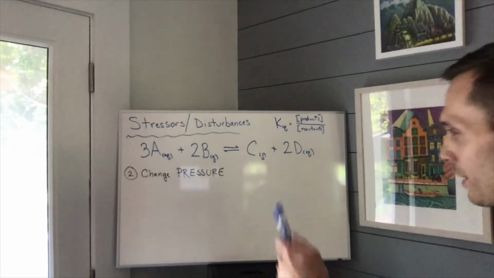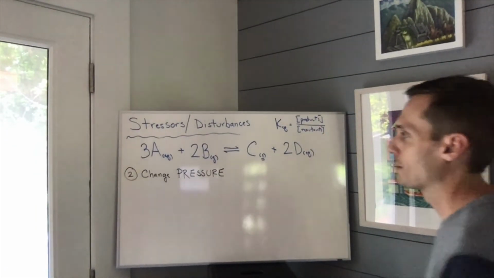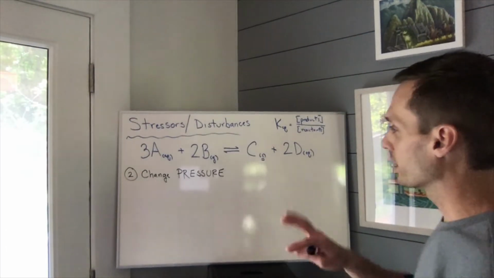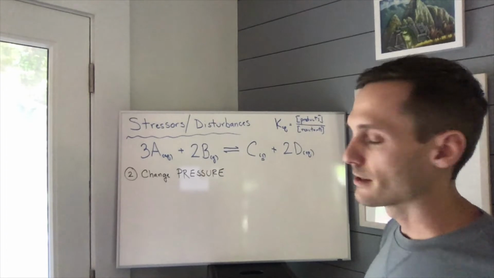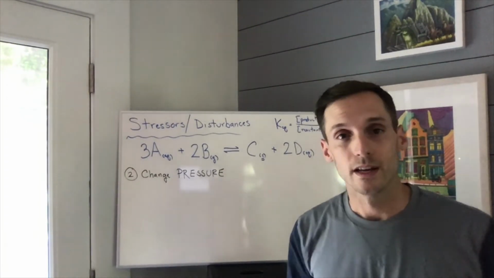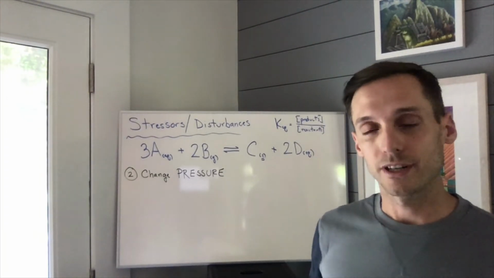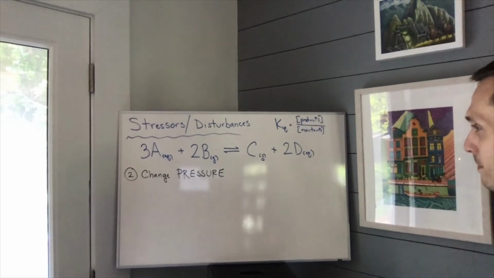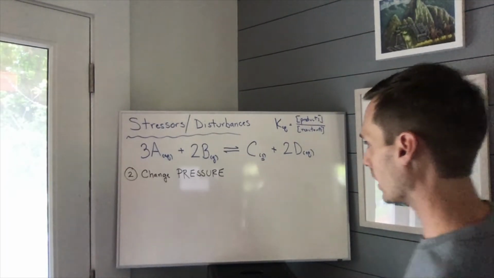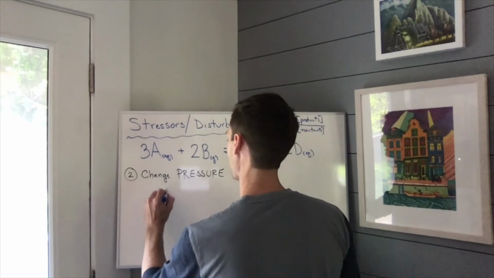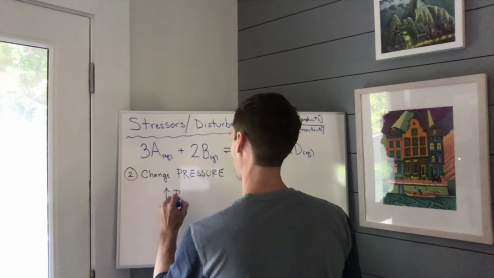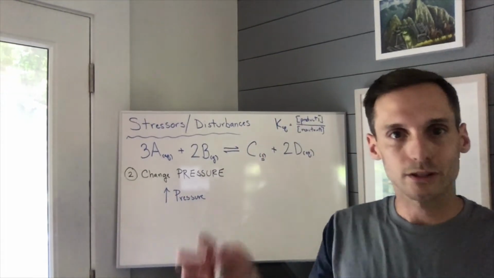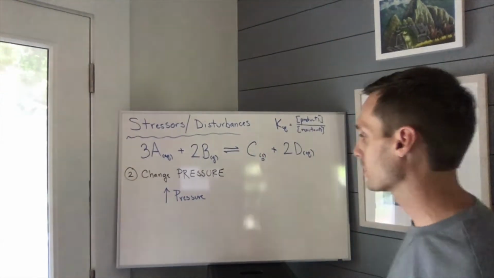So there are many ways that you can actually change the pressure of your reaction that's occurring, but we're going to see if we use pressure as a disturbance, then how does our reaction shift to get back to equilibrium, okay? And so it's kind of simple what happens. So if we increase the pressure, and again, that could be done by squeezing this into a smaller volume, a smaller space.